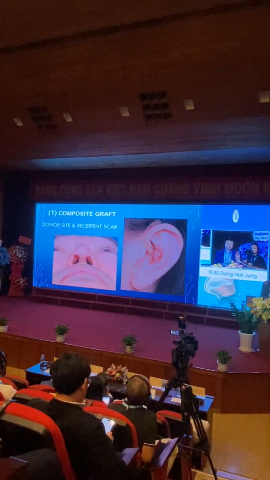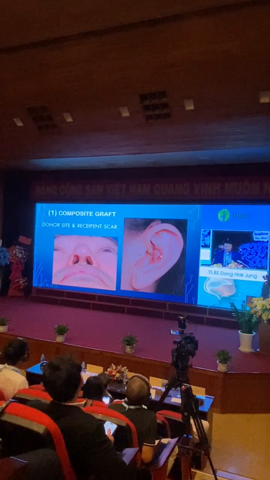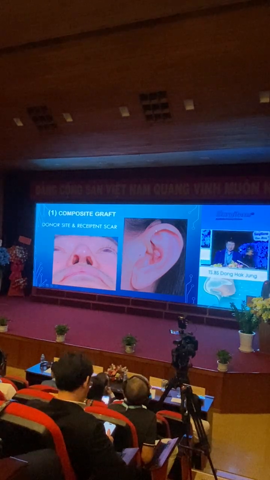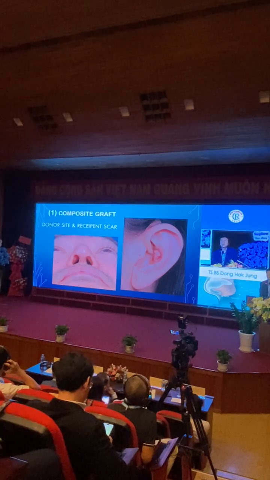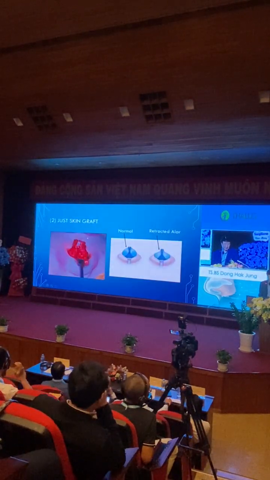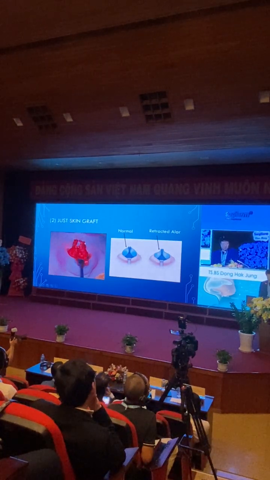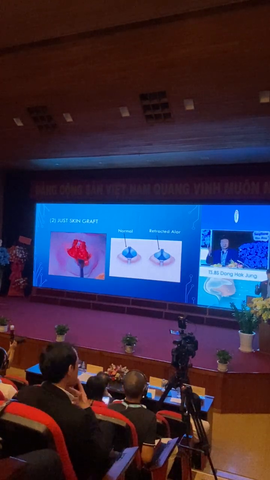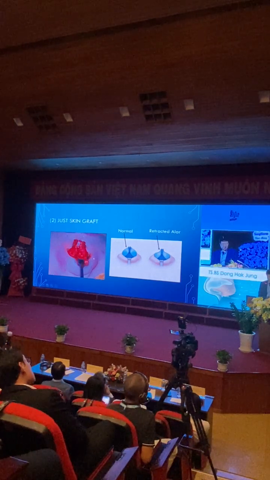In the case of composite graft, there is sometimes a two-side scar like this, and then the recipient scar. So composite graft sometimes has a scar problem. The second option is just skin graft, which is also helpful, but compared to composite graft, not as effective. But in my case, you can use just skin graft also, it's helpful.